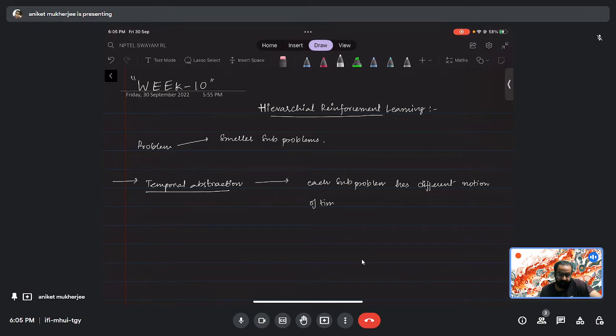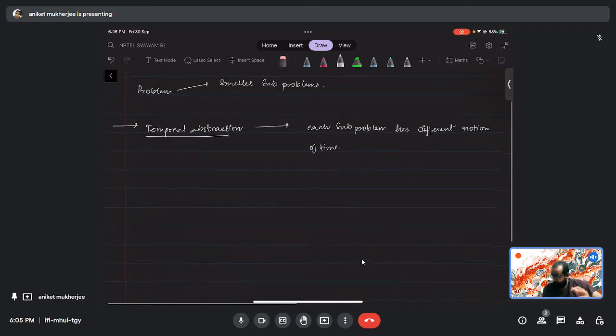Each subproblem can take a different amount of time to be solved, and could vary very vastly in length. So you could have a subproblem which is very small, and you could have a subproblem which is very large.